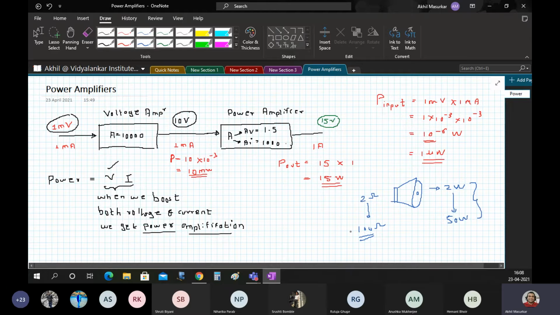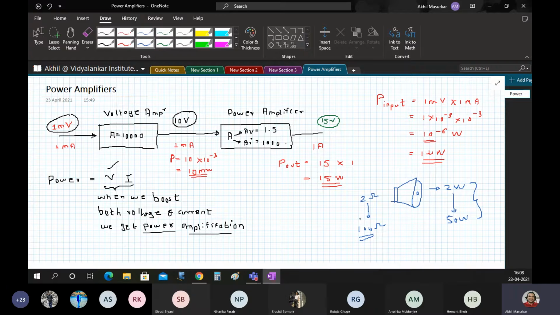Huge speakers will have huge input resistance, and they may fall in this particular category. So when you say I have a 50 watt speaker, from where will this 50 watt come? Who will give me this 50 watt? Only voltage amplification will not be sufficient to get this 50 watts. I will have to use one more amplifier which boosts the current.